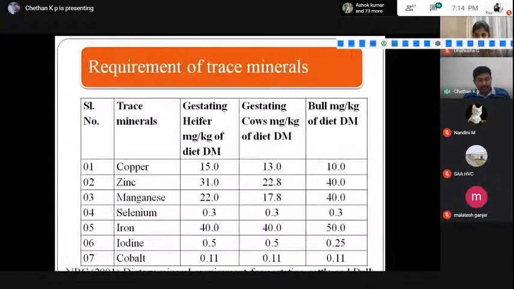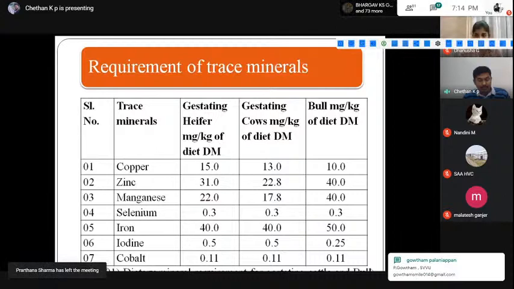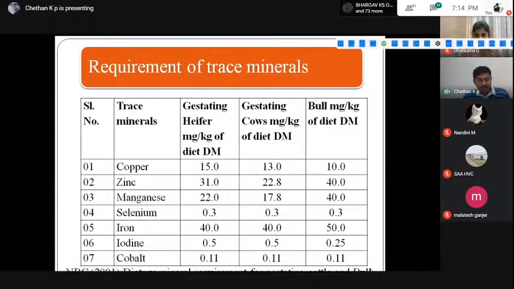So when you have a higher availability, you can reduce the supplementation in the feed. Here I have given an example of cattle, that is gestating heifer, gestating cow, as well as bull. If you see the requirement of the trace minerals, this is as per NRC 2001, and the requirement is less than 50 ppm.